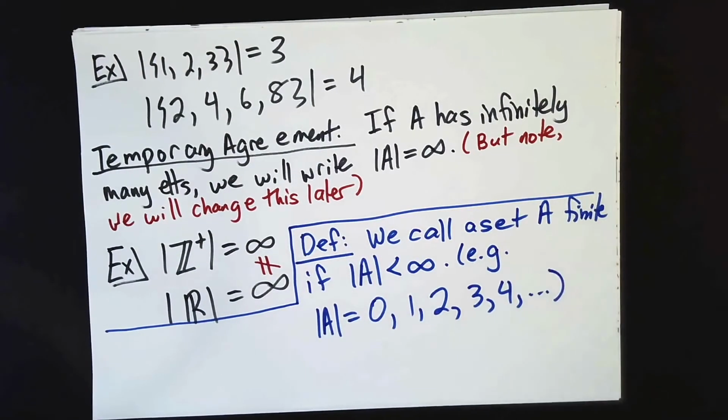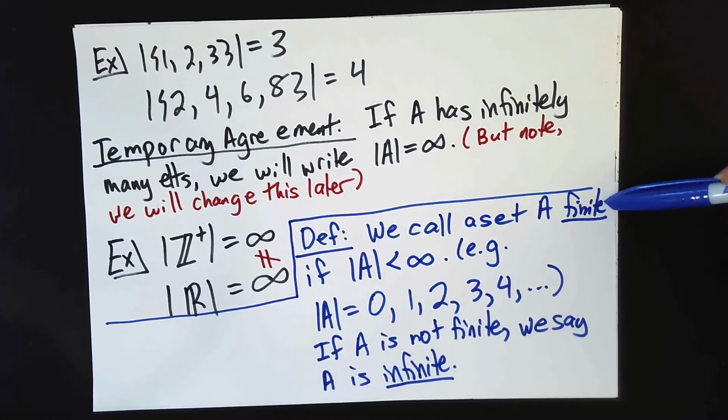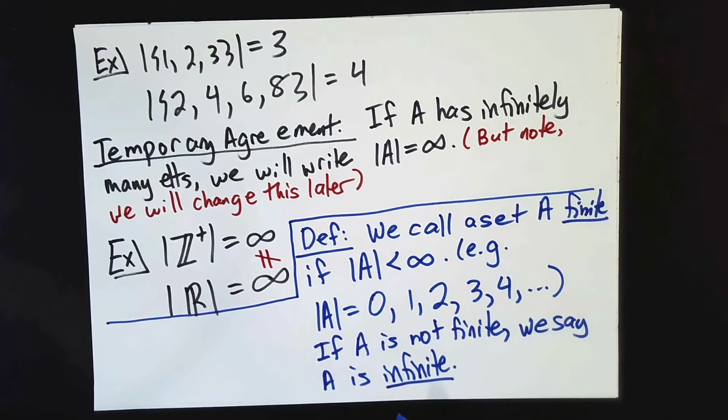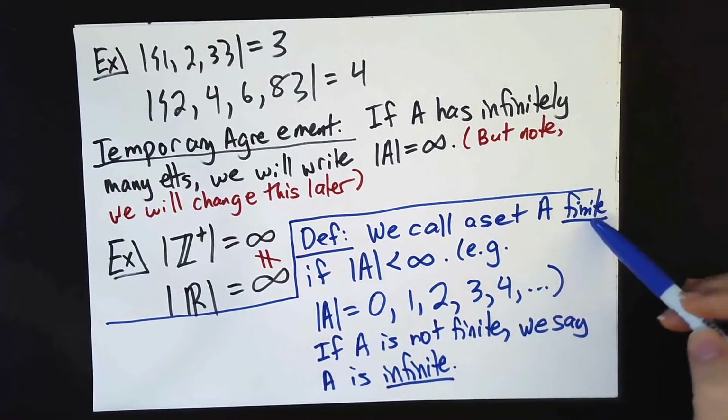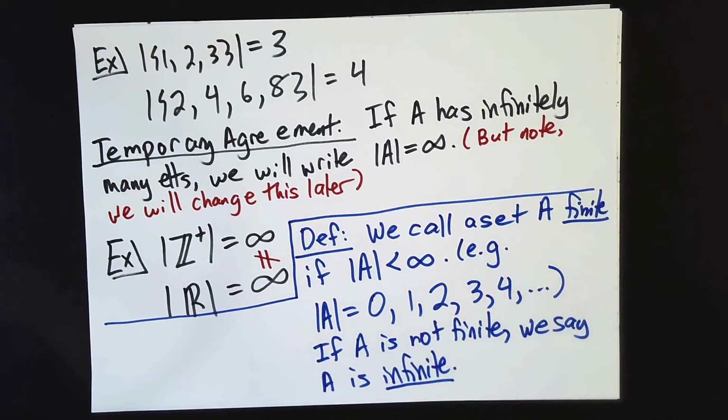And if a set isn't finite, we call it infinite. Another weird bit just of nomenclature is that for some reason we pronounce this word finite, but this word infinite, and we just have to deal with that and not pronounce this word finite, or not pronounce this word infinite, even though clearly that's where the word comes from.